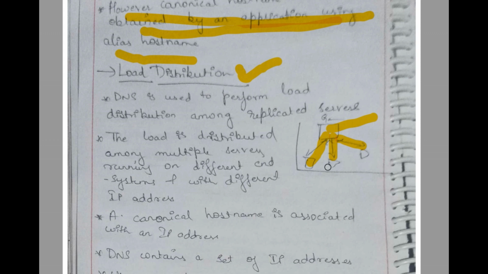So these three servers are similar. They store only IPL data. So it distributes the data available with it to other servers. This is known as load distribution.